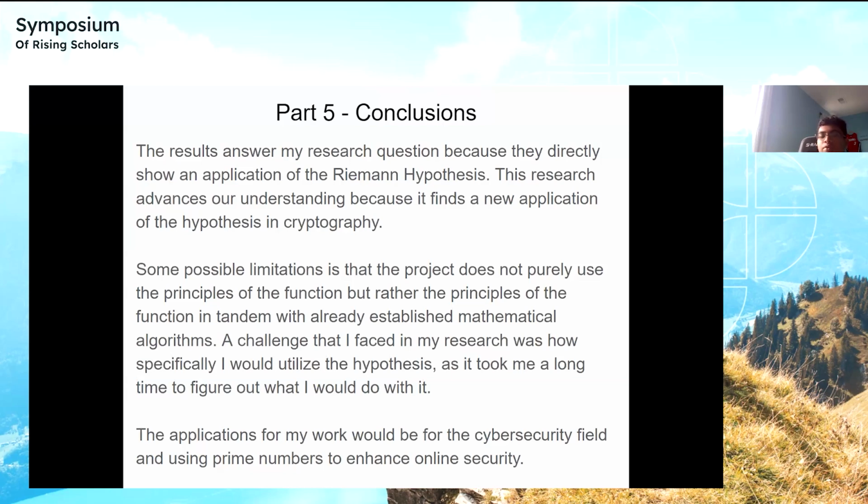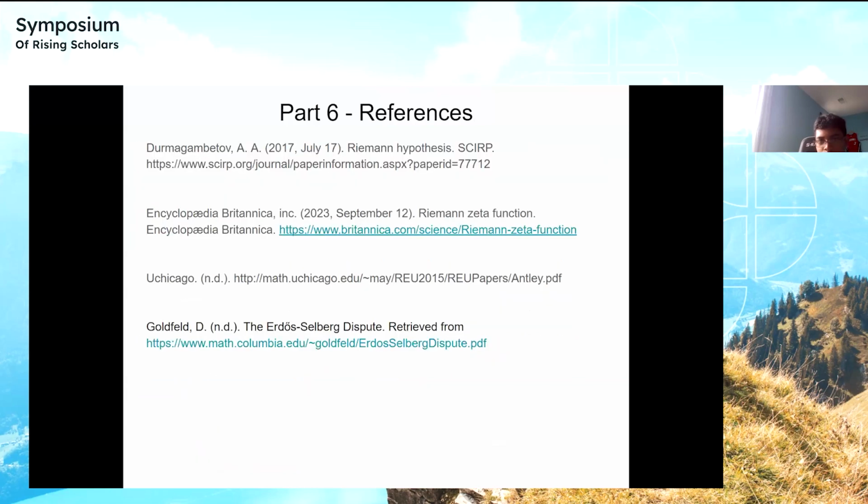Some challenges I faced were figuring out how exactly I would utilize the hypothesis, because it took me a long time to figure out what to do with it. The applications for my work would be for cybersecurity, using these prime numbers to enhance online security. And here are my references.